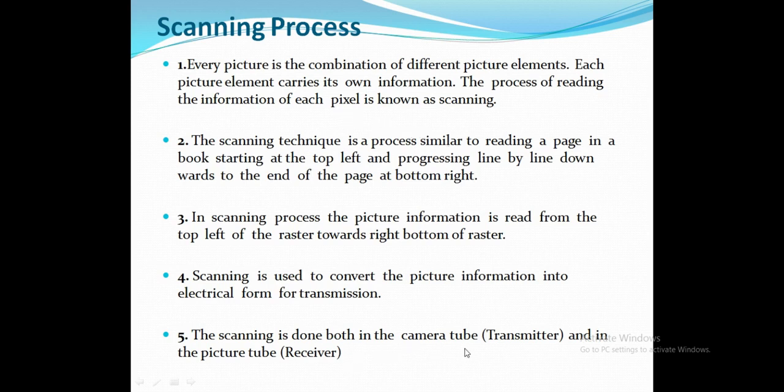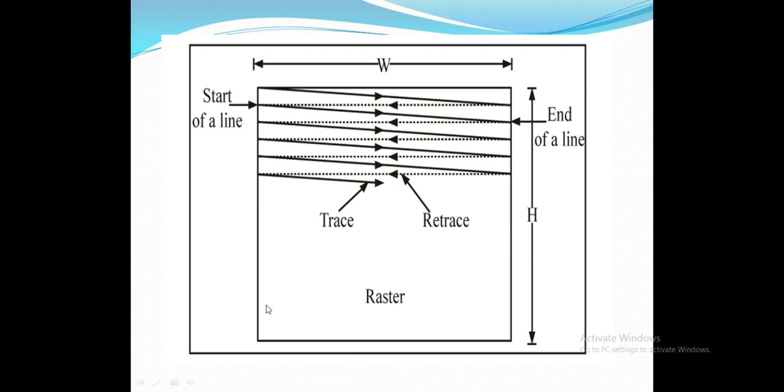Scanning is done in both the camera tube and the picture tube. In the transmitter we have a camera tube, in the receiver we have a picture tube, so on both sides the scanning process will be done. So this is the scanning process.